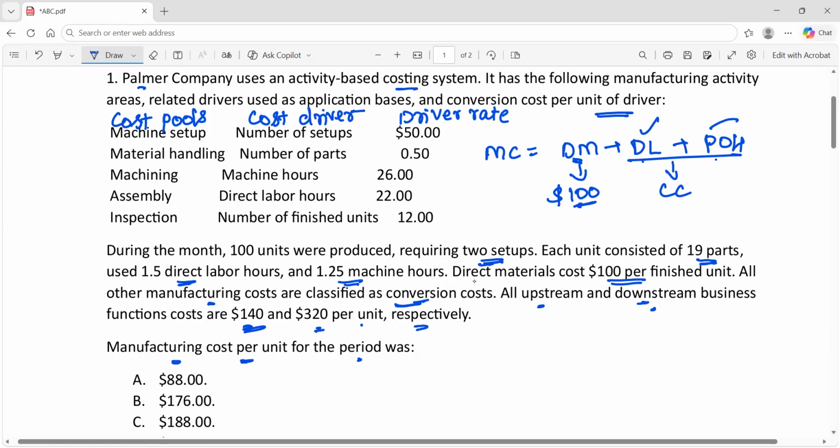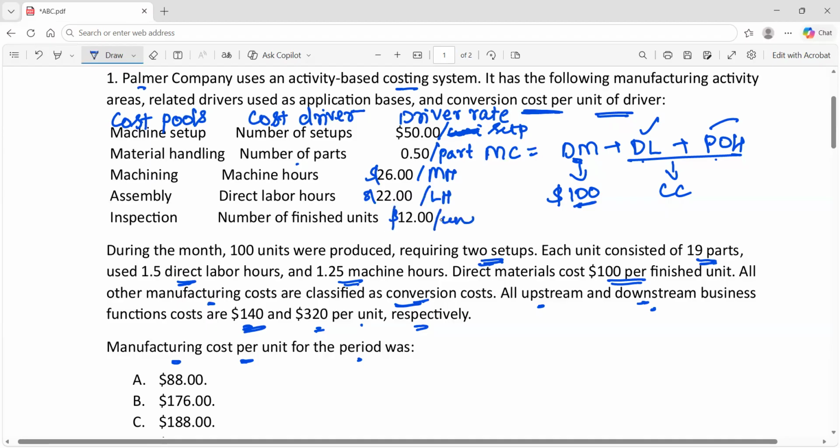So first, what we will do is, see here we have the conversion cost per unit of driver given in the question: $50 per setup, the cost per part is $0.5, $26 per machine hour, $22 per labor hour. So the driver rates are given.